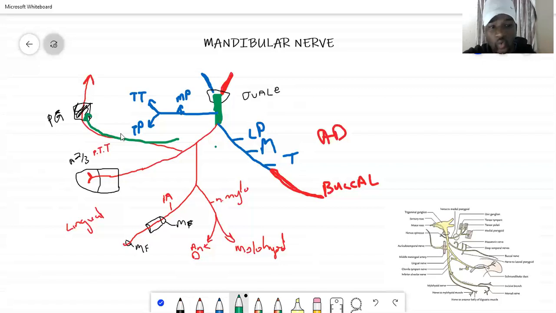So the question is, where is this lesser superficial petrosal nerve from? Remember, somewhere in this region you have something called the otic ganglion. This is your postganglion. And your preganglion, which is this lesser superficial petrosal nerve, is from cranial nerve number 9.